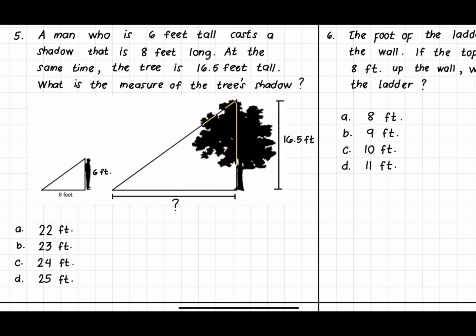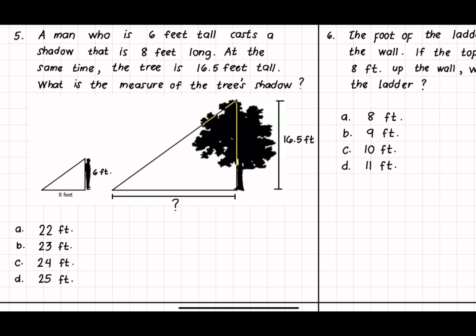Okay, as you can see here, we have two triangles. We can assume that these two triangles are similar to each other. Therefore, we can make a proportion comparing the height of the man and the tree and the shadow cast by the man and the tree.